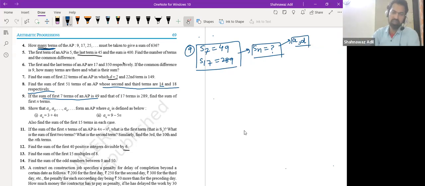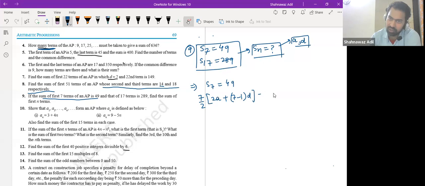S7 is given, which means S7 is 49, which means 7 by 2 times (2a plus (7 minus 1)d) is 49. We have to find d and a. The 7 will go to this side.